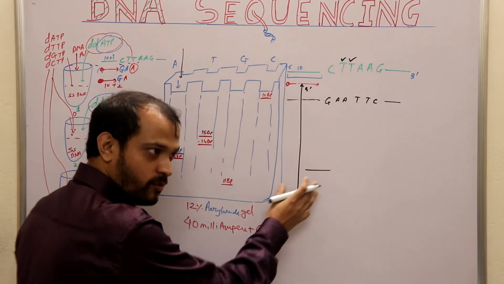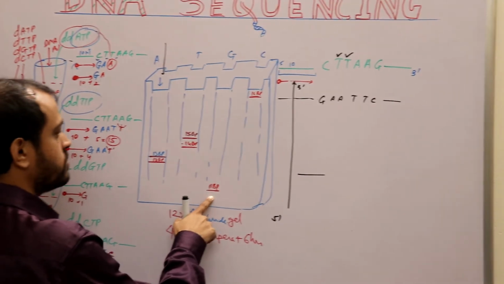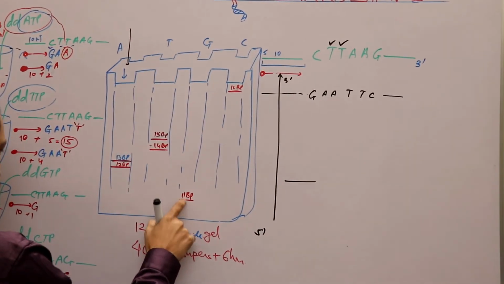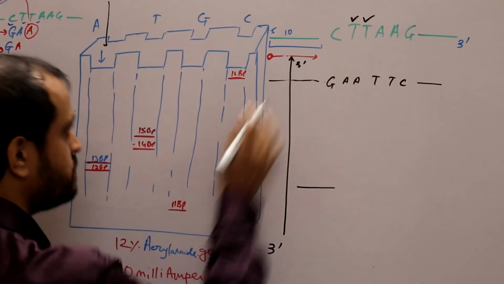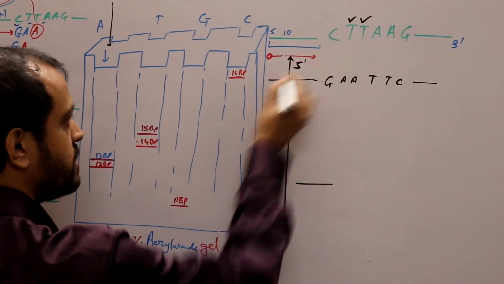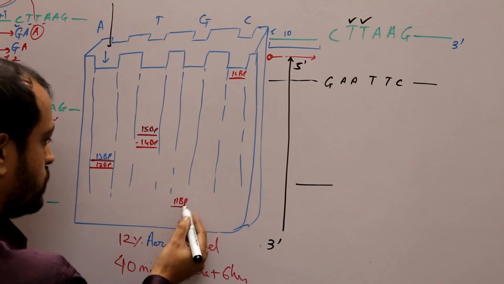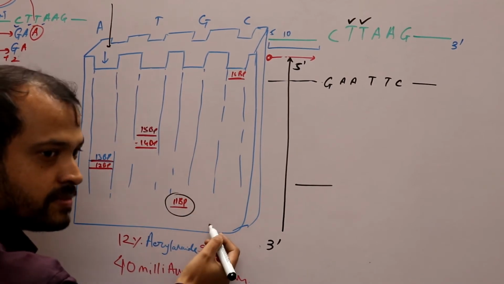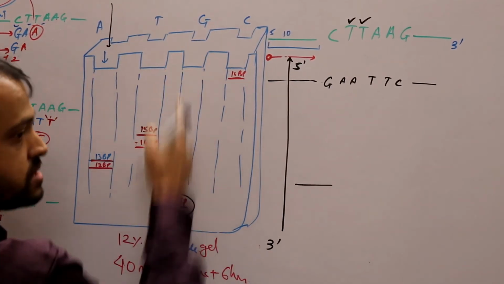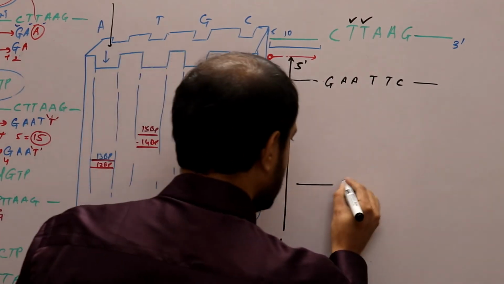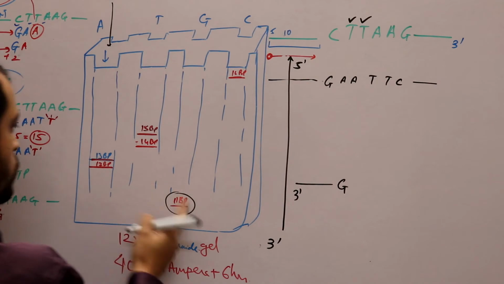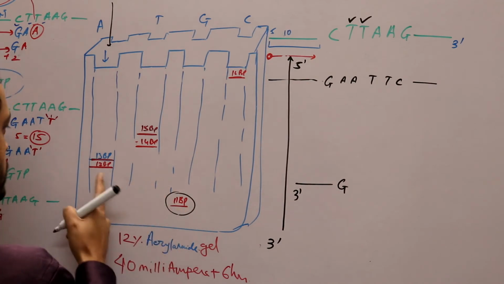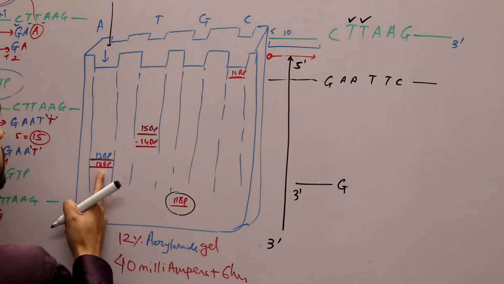Sorry, the topmost is the 5 prime. Now listen, what is the lowermost portion you have got? G or C? G, this is the 3 prime, okay? G. After that, 11, what is the lowest base pair after 11? 12, A.